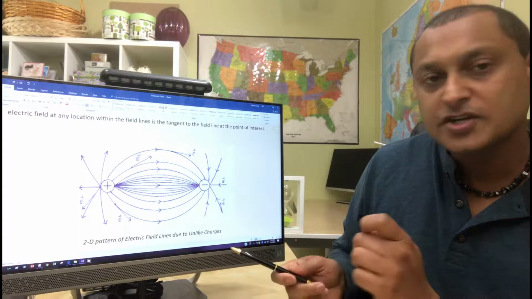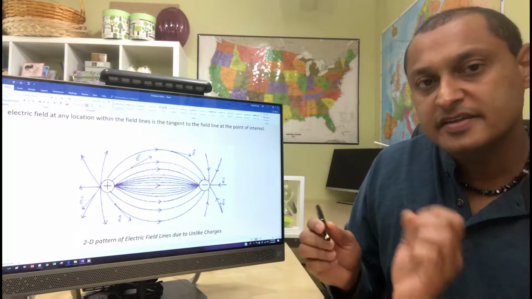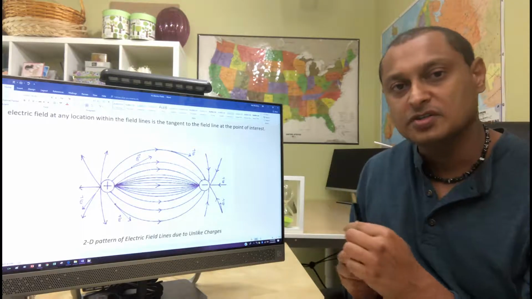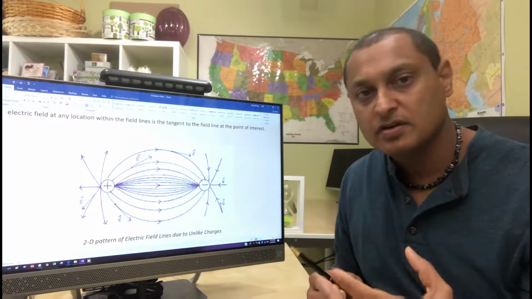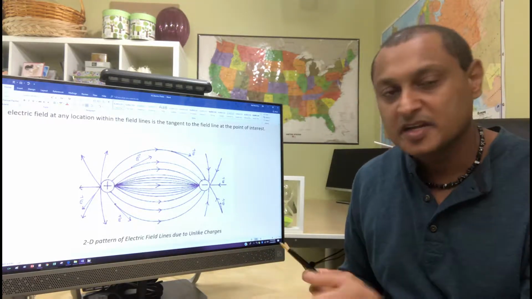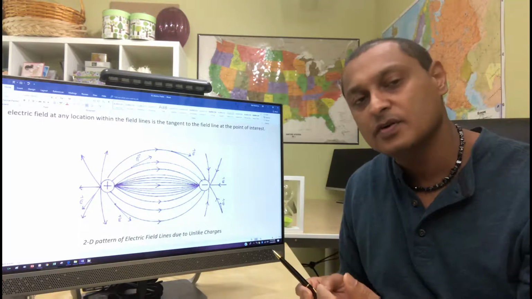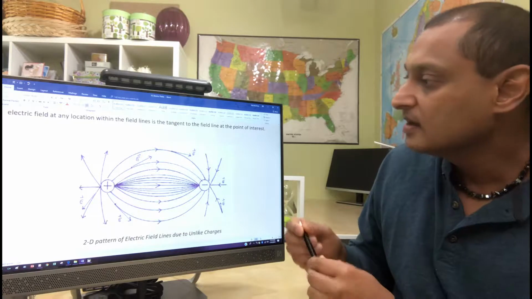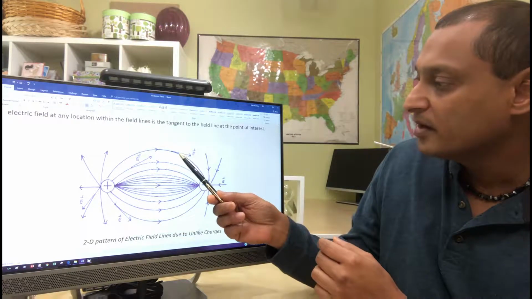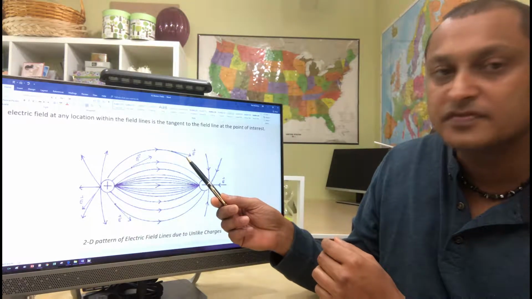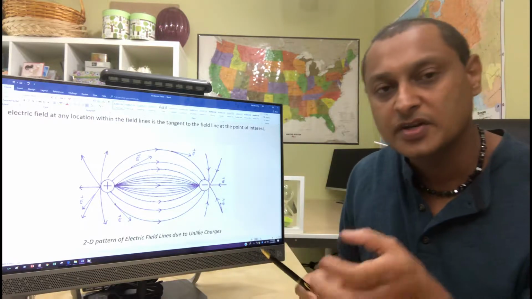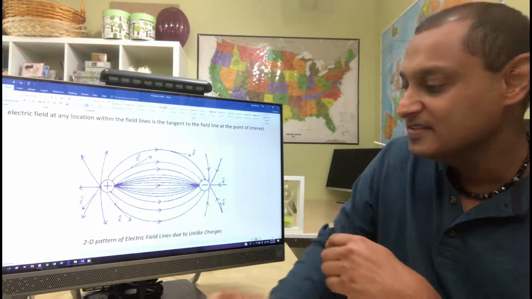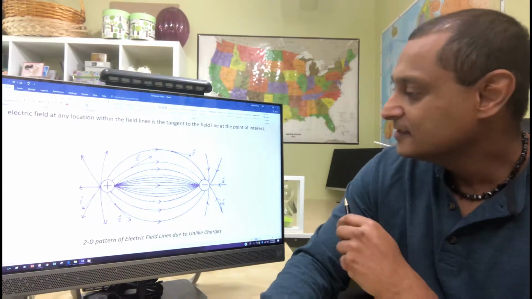And if I were to take another charge, a third one, and place it anywhere between these two source charges, it will experience a force. The direction of the force is indicated by a tangent drawn to the field at any point of interest. So this will be the direction of the electric field, and hence the direction of the force on a test charge in that field created by these two charges.